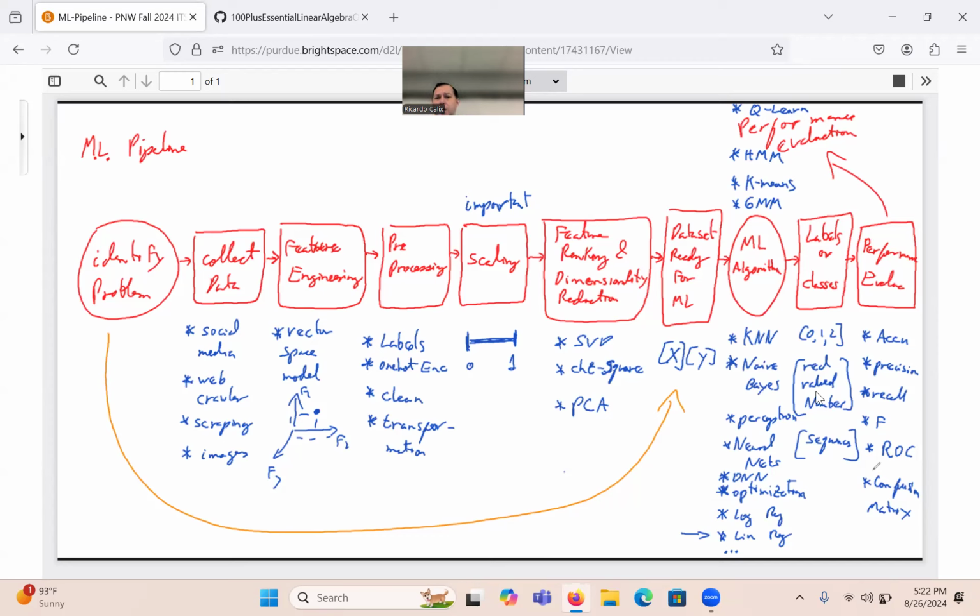All right, and then the types of problems. Once you have all these algorithms, you'll feed your X and Y, and then really the question you have to answer is what kind of a model are you trying to build? Are you trying to build a model that predicts classes, a model that predicts regression values, or a model that predicts words? And how does that work?